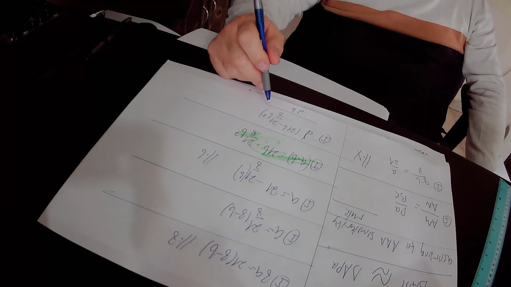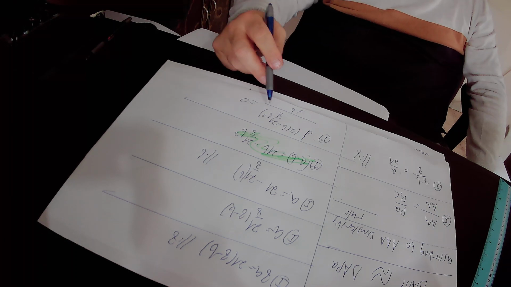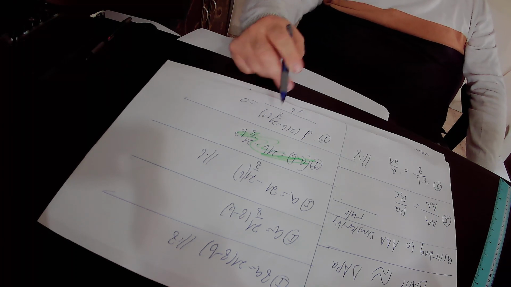Then we equate this derivative to 0 in order to find the extreme point of this area function of rectangle PQST.